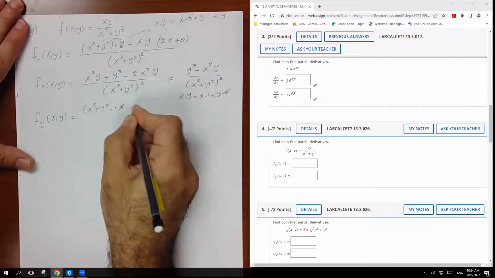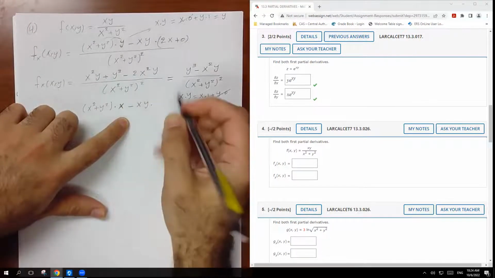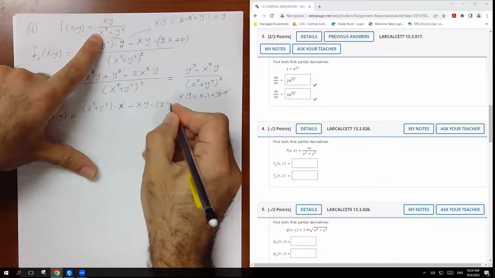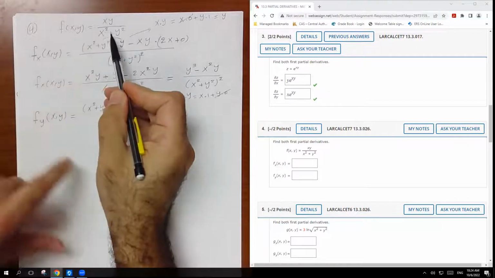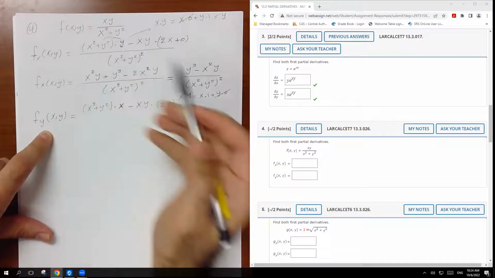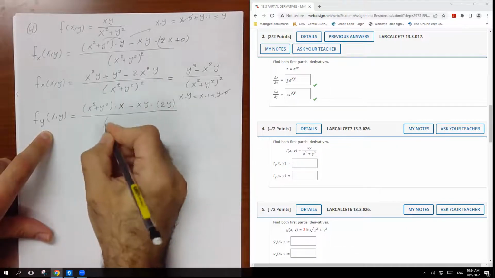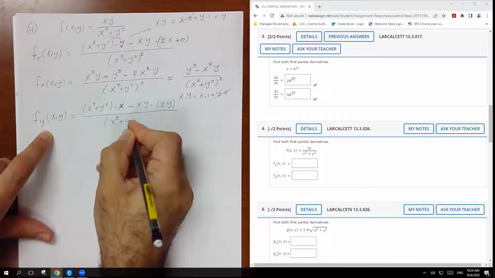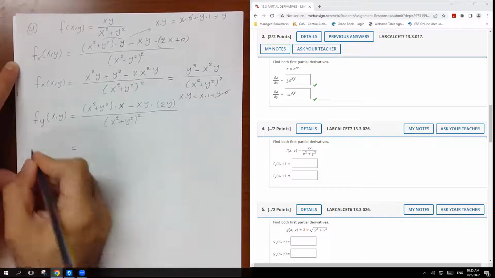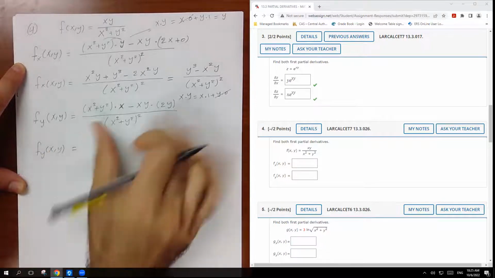Okay? Minus xy, the numerator, times the derivative of x squared plus y squared, which is just 2y. Because this is now with respect to y, x squared is a constant. The derivative of a constant is 0. The derivative of y squared is 2y. And everything is going to be divided by (x squared plus y squared) squared. Then f sub y of (x,y) is going to be equal to, now we're just going to simplify it.